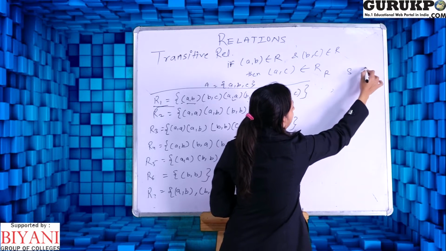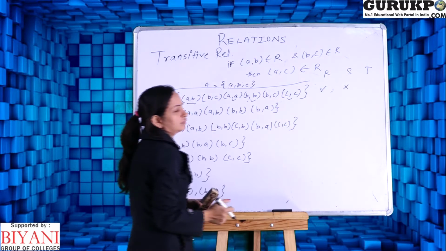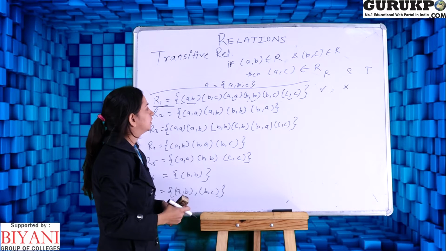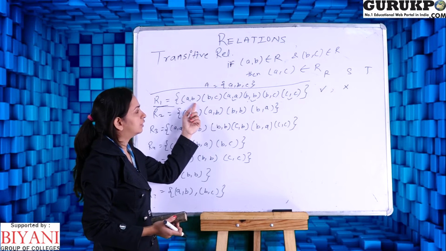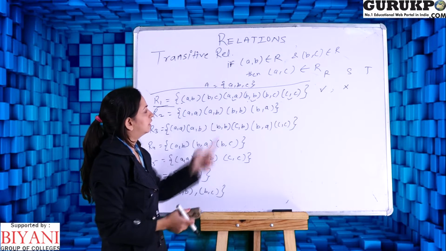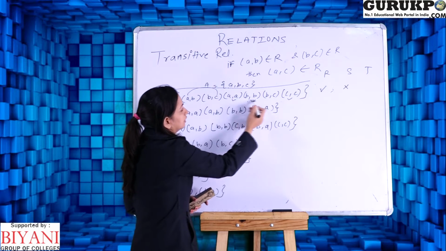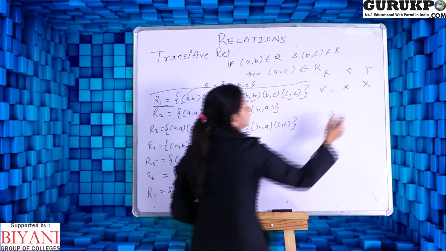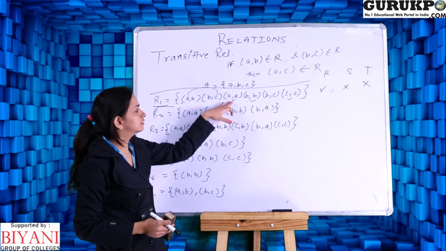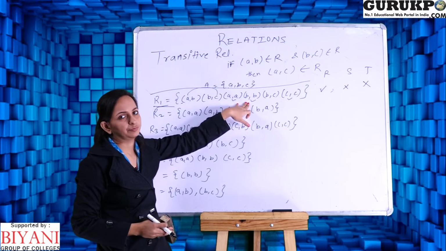It is reflexive but it is not symmetric. And what about transitivity? For transitivity, if AB belongs to R and BC belongs to R, then AC must belong to R, but I didn't get the pair AC, so this is also not a transitive relation. So this relation is only reflexive, it is not symmetric and not transitive.